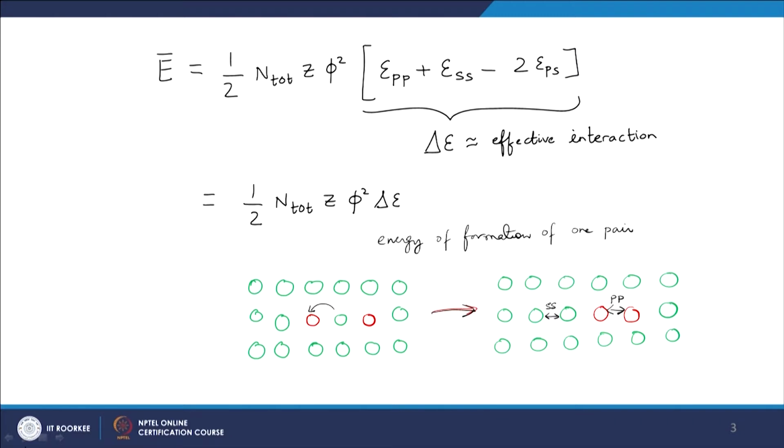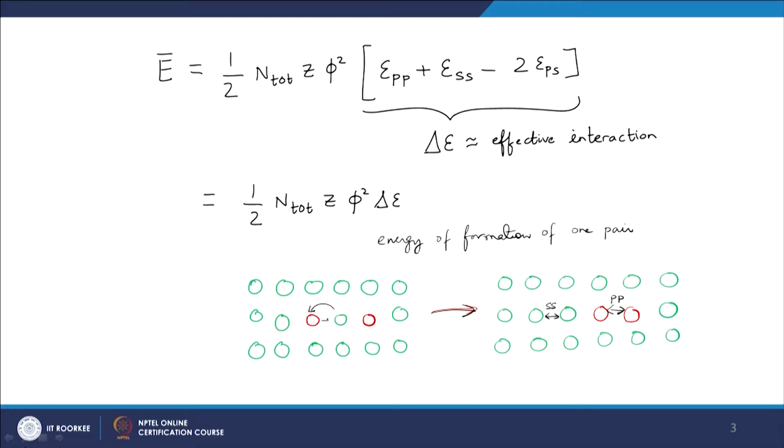You can see that all the other pairs between solute and solvent remained unaffected except the ones I am looking at. You can also see that there were two pairs between solute and solvent which had to be sacrificed as a result of this process, because the solute molecules came together and formed one contact.